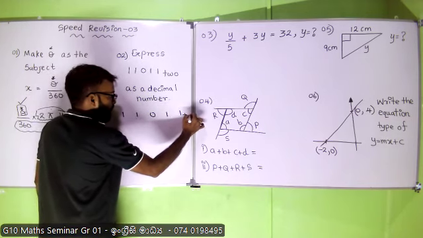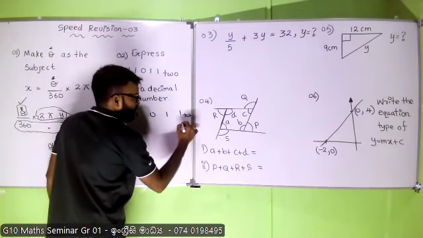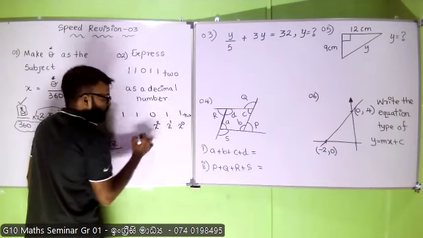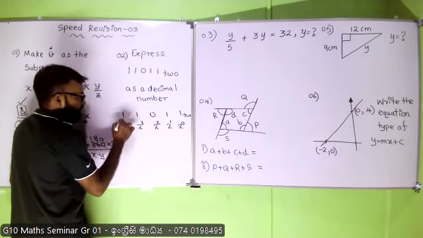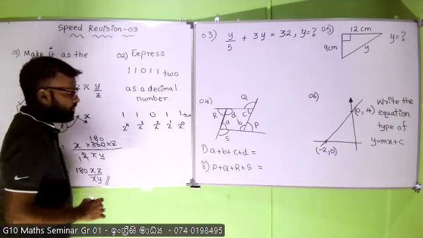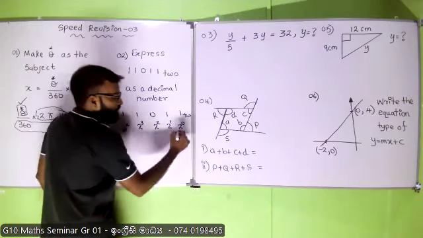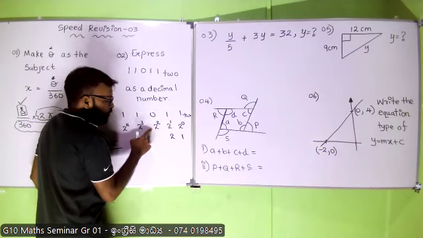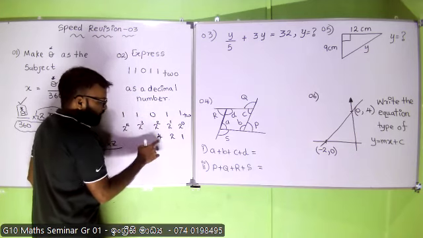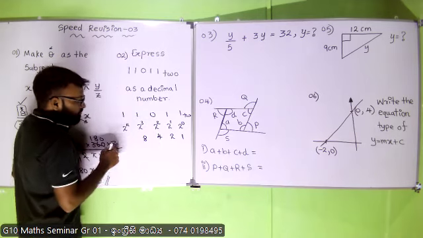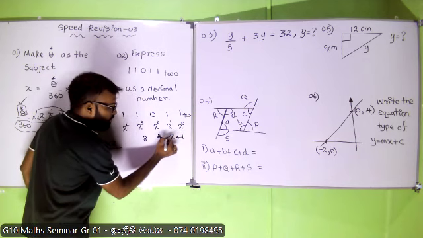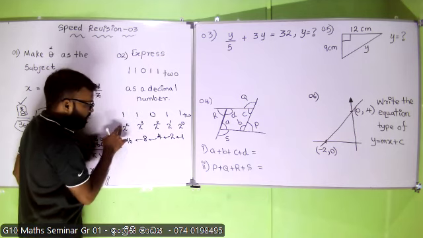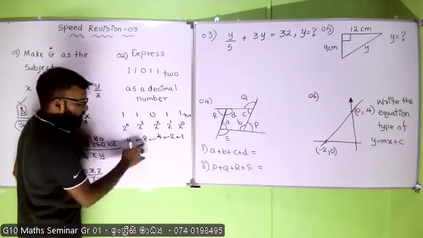This is 2 to the power 0, this is 2 to the power 1, 2 to the power 2, 2 to the power 3, 2 to the power 4. 2 to the power 0 means 1. 2 to the power 1 is 2. 2 to the power 2 is 2 times 2, 4. 2 to the power 3 is 4 times 2, 8. 2 to the power 4 is 2 times 8, 16.